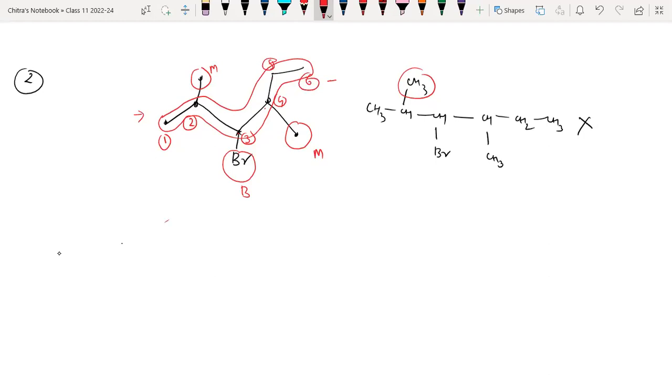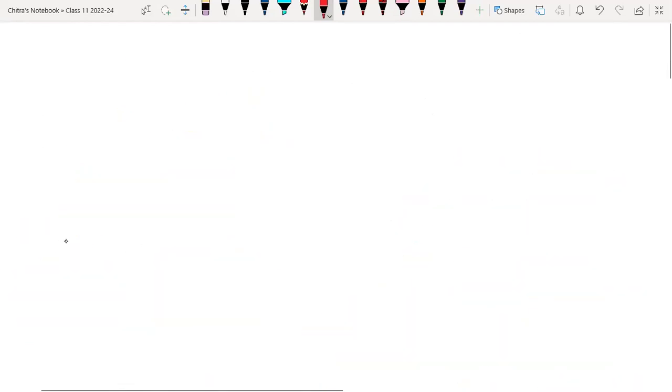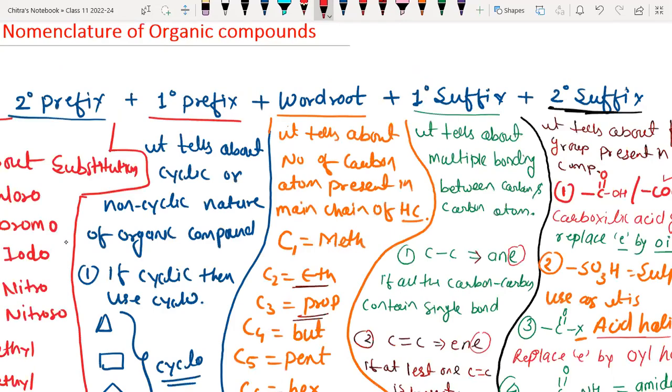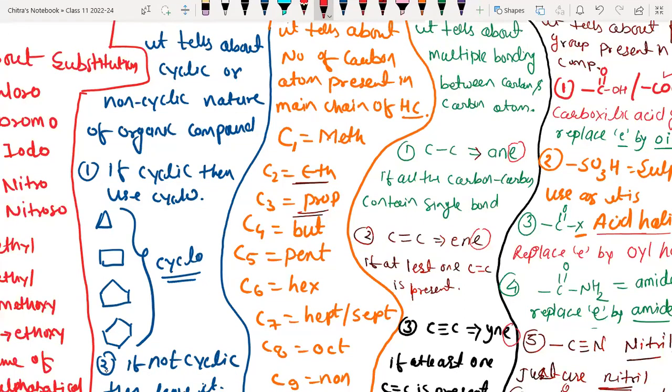Alphabetical order, we have B first, so we have to write B. B is on the third carbon, so we have to write 3-bromo. See here, I have already given you the abbreviation we are using for bromine, which is bromo only. Is it or not? Yes, sir.